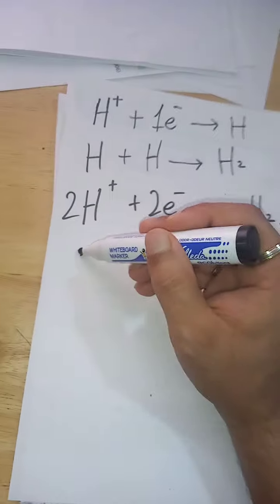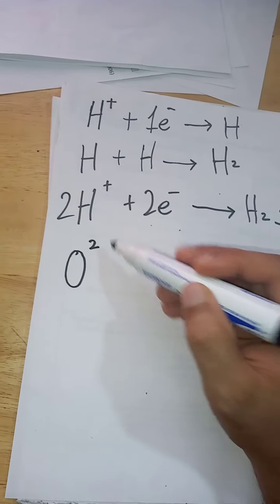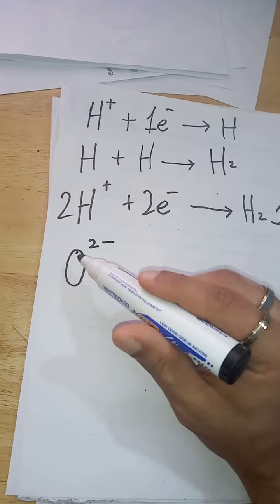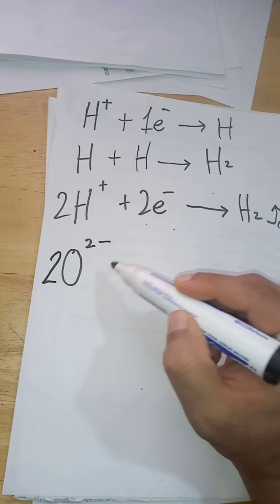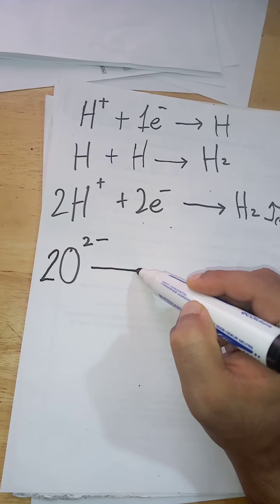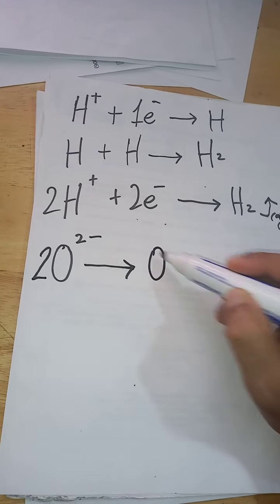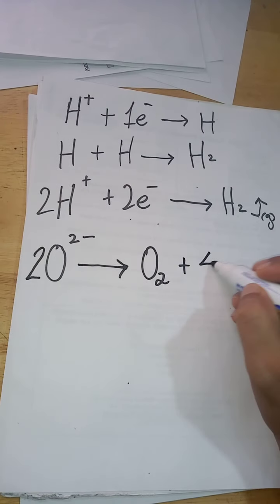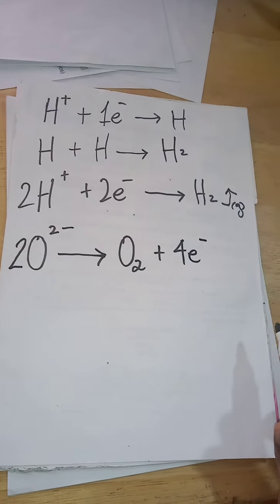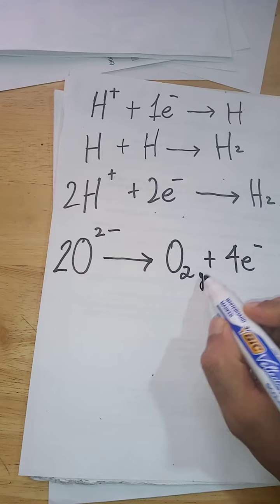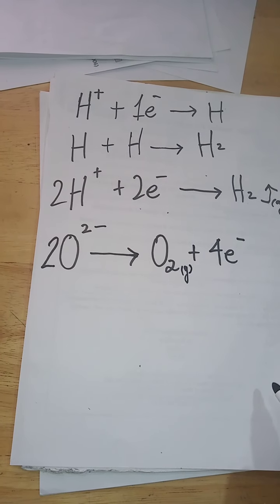And for oxygen, it would be 2O2-, release of 4 moles of electrons with 1 molecule of oxygen, and there we go, eureka, you've got your oxygen being released at the anode.